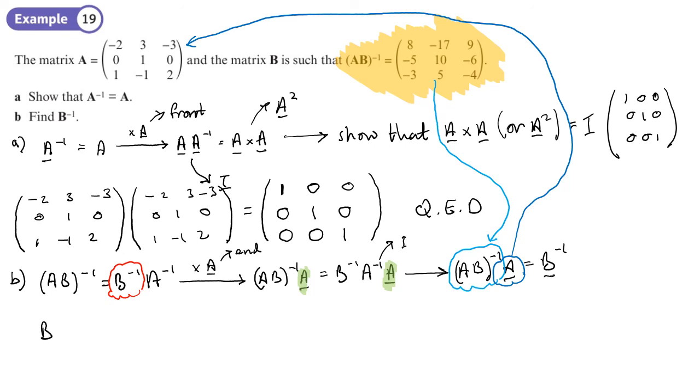So B inverse, which is what we're trying to find, is equal to AB inversed.